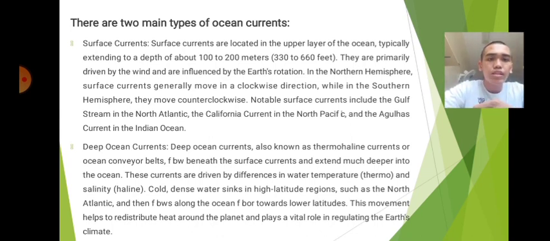Cold, dense water sinks in high latitude regions such as the North Atlantic and flows along the ocean floor towards lower latitudes. This movement helps to redistribute heat around the planet and plays a vital role in regulating the Earth's climate.